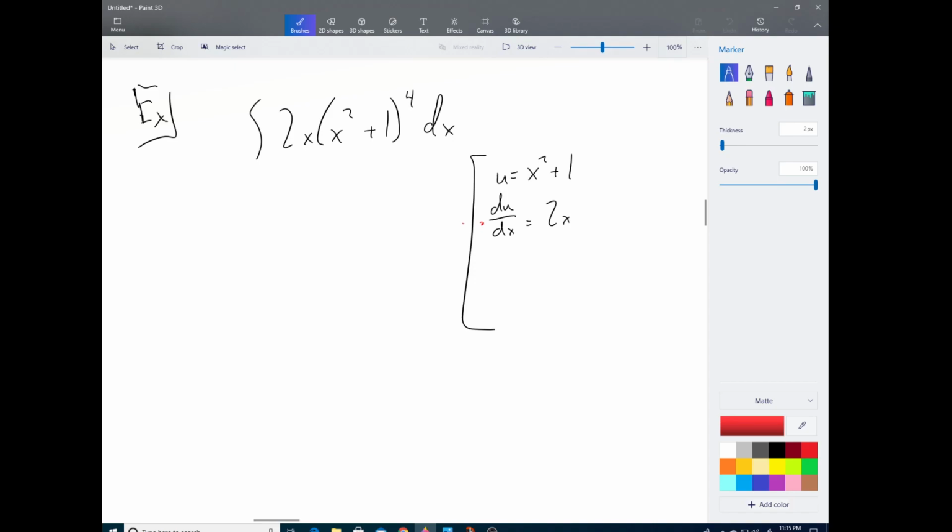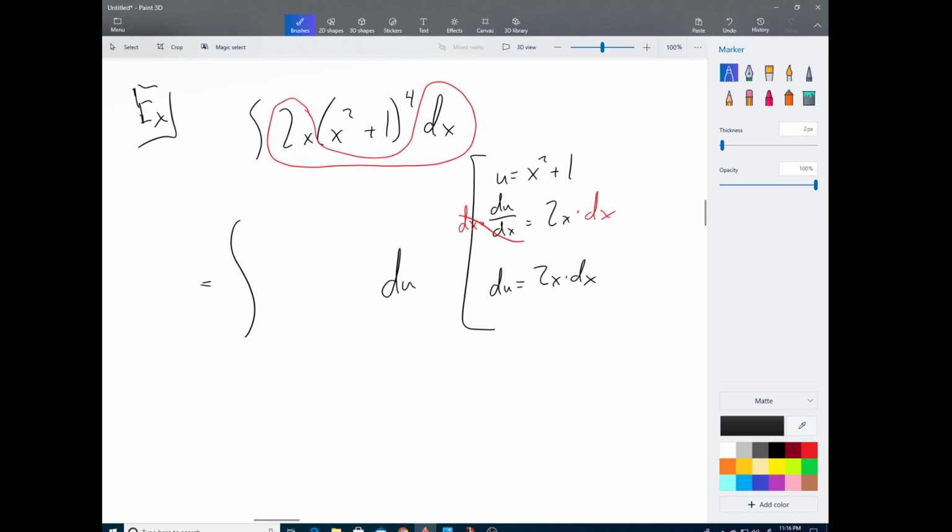I multiply both sides by dx, and what I like about that is that 2x dx shows up in my problem right there. So my du will be 2x times dx, and I can take out the 2x dx and replace it with a du.